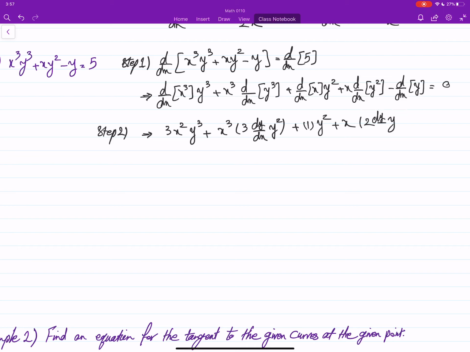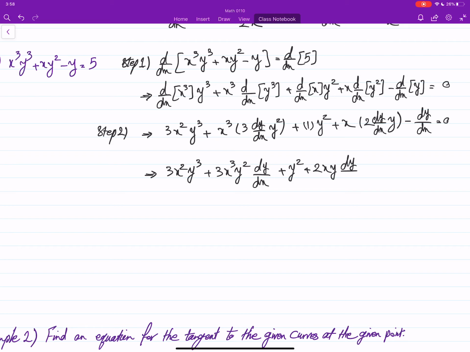You have to apply the chain rule and multiply it by dy/dx, minus dy/dx itself. Let me simplify a little bit: 3x squared y cubed plus 3x cubed y squared dy/dx plus y squared plus 2xy dy/dx minus dy/dx equals 0.